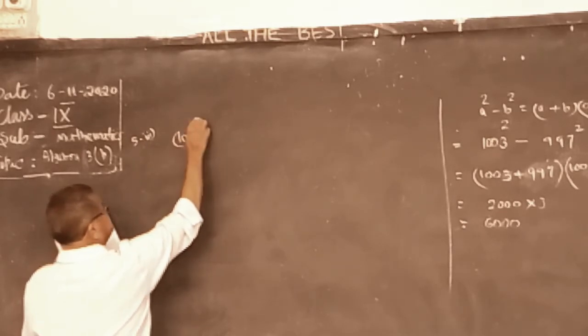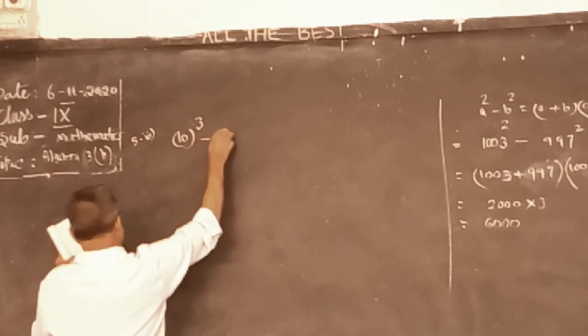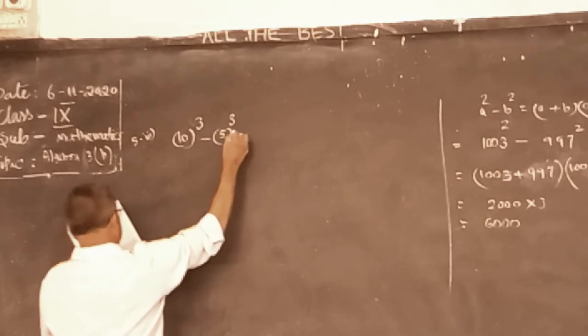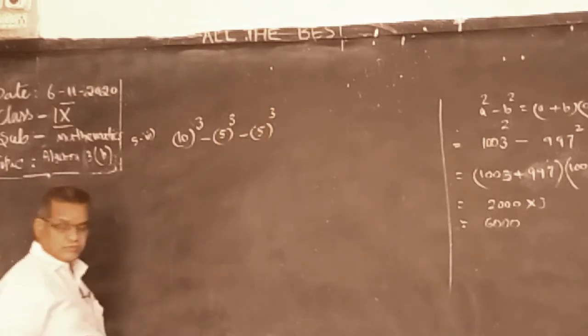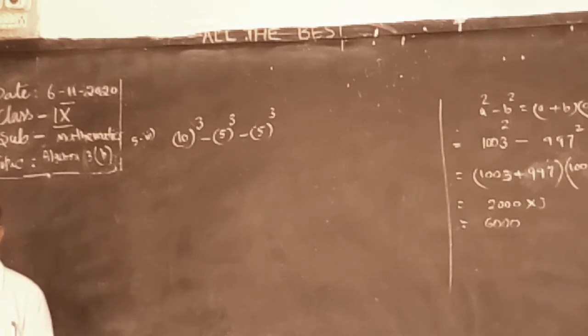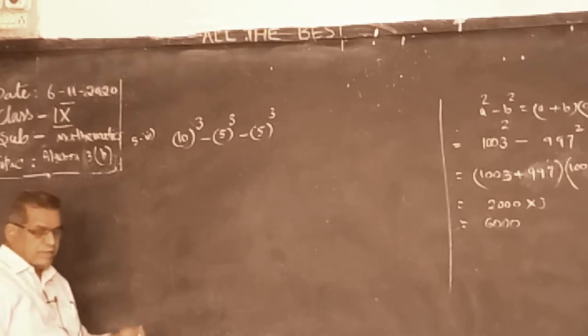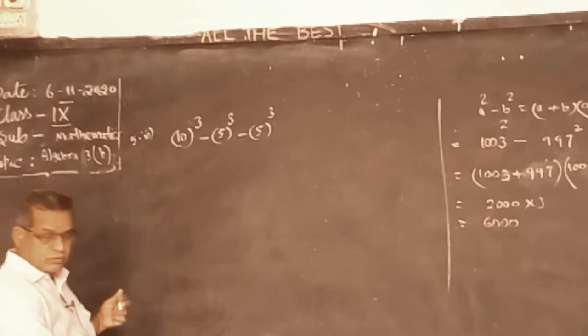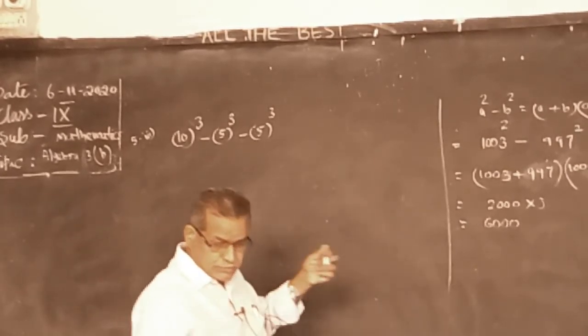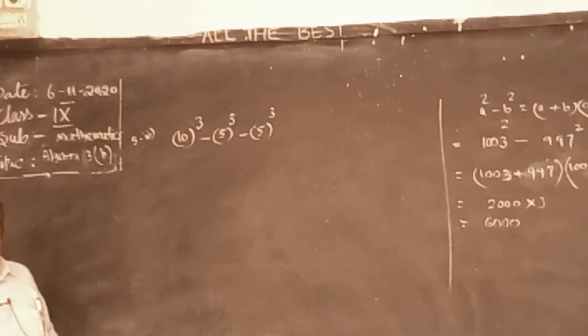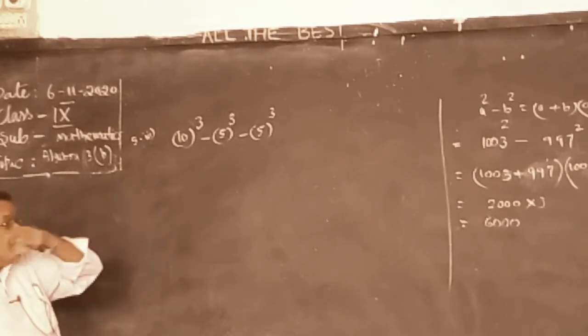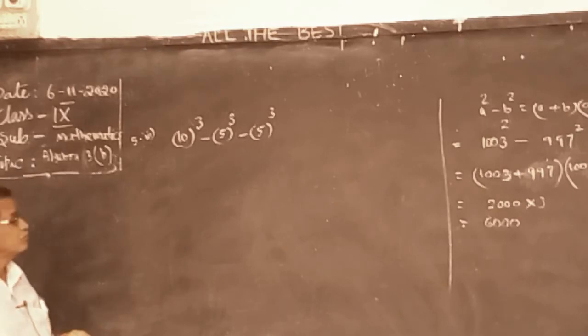10 cube minus 5 cube minus 5 cube. See, without actual multiplication, by applying a formula, we have to solve the problem. By applying the formula, the solution is easy.